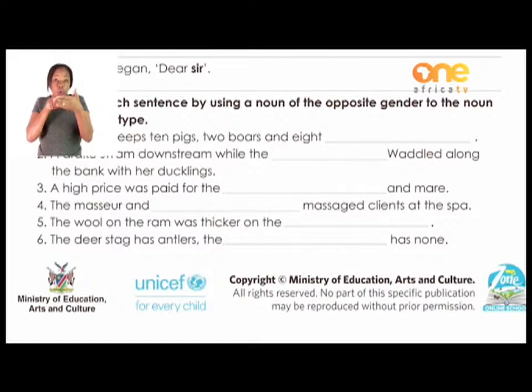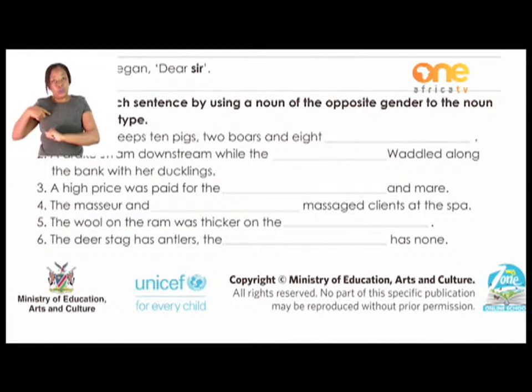You have to find out what type of gender is this which is given in the bold. If it is a female, you change it to the male, from masculine to feminine. If it is in feminine, you change it to masculine. So it's just vice versa. If it's male, change to female. If it is boy, change to girl. That is what I'm saying.